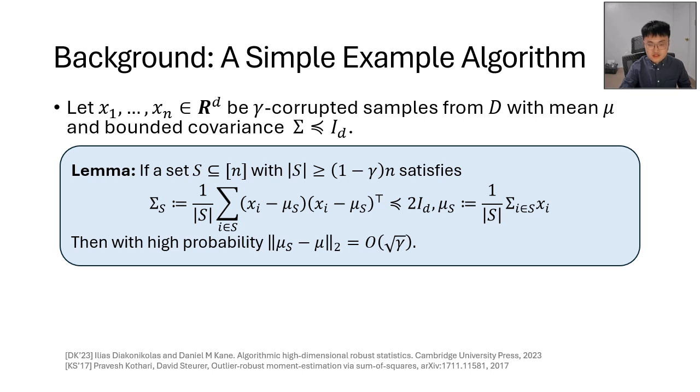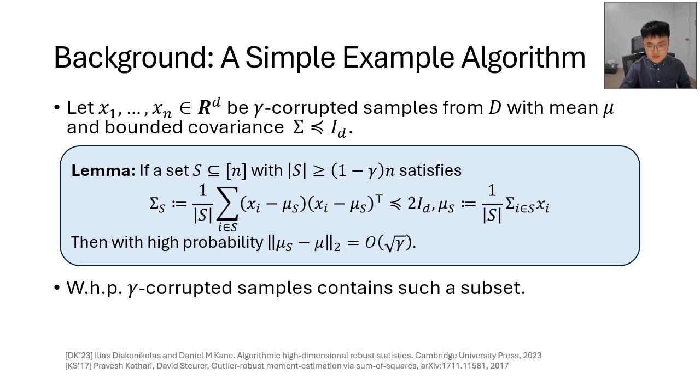And we can show that the empirical mean of such a subset would be close to the unknown mean, and the distance is square root gamma in L2 distance. Moreover, we can show with high probability that any gamma corrupted samples would contain such a good subset. So we can actually find a good subset.